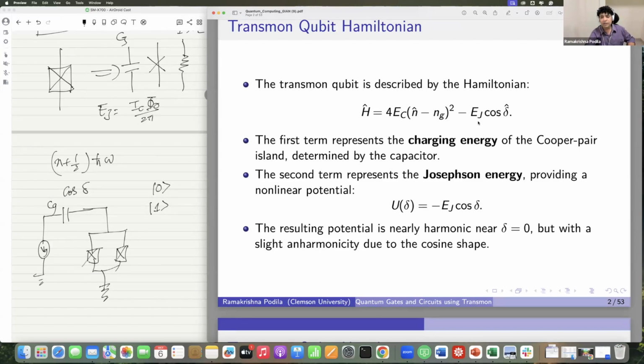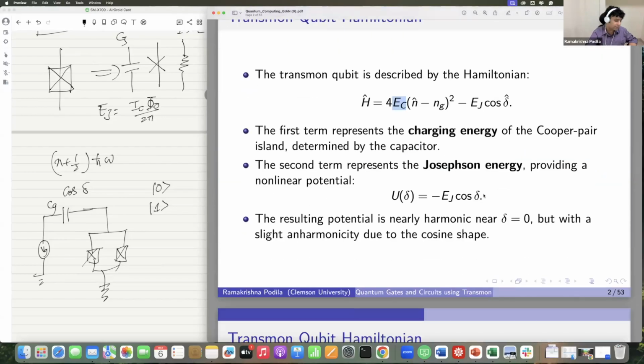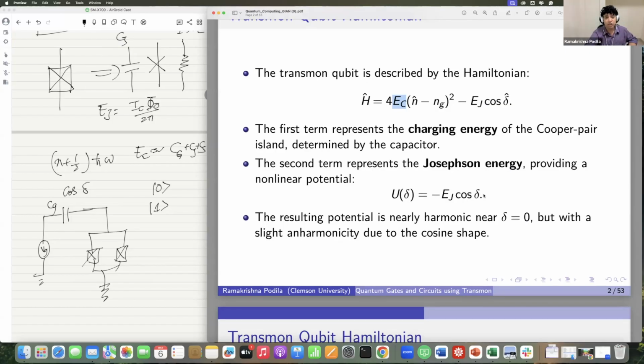And then I have the EC, which we have seen goes as the capacitance. It is related to the capacitance of the gate plus the capacitance of the Josephson junction. And if I want, I can put in the capacitance of the shunt.